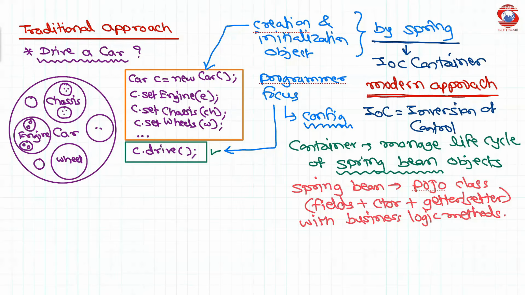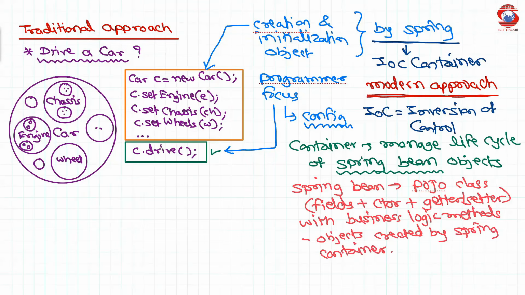So you say that, sir, that Java class is a Spring Bean. To be frank, yes, it is a Spring Bean, but wait for a minute. It will become a Spring Bean when its objects are created by the Spring container. So just making a class is not a Spring Bean.